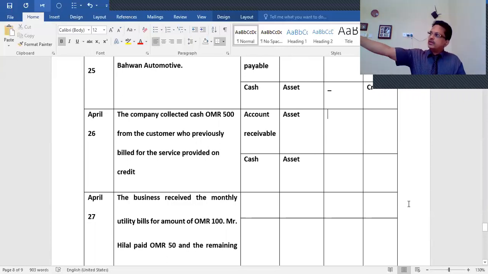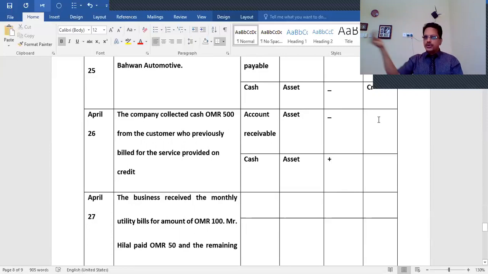Now the account receivable, he is a debtor, your debtor. He gives you money. Debtor is an asset. He gives money now, so the debtor decreases. That means it is decreasing. Now your cash is increasing because you are receiving money. You receive money from a debtor to whom you provided service long before.